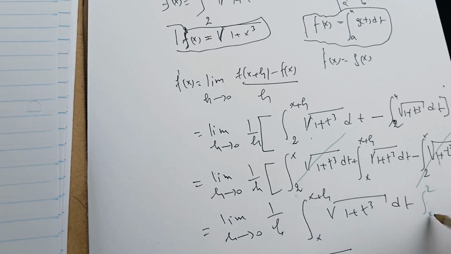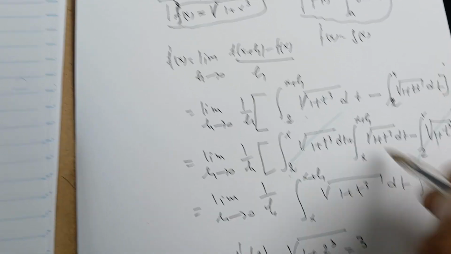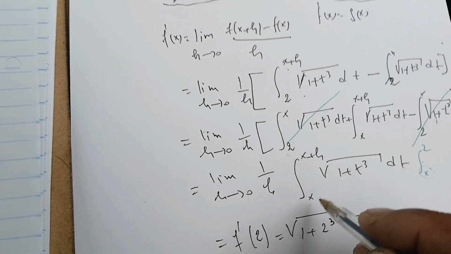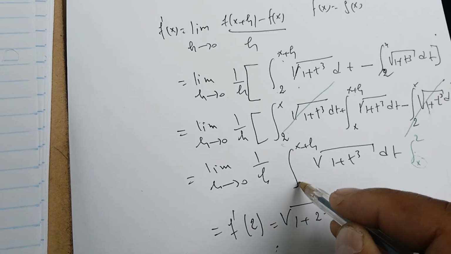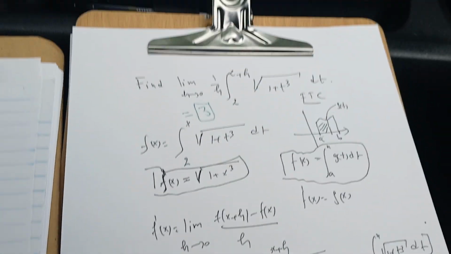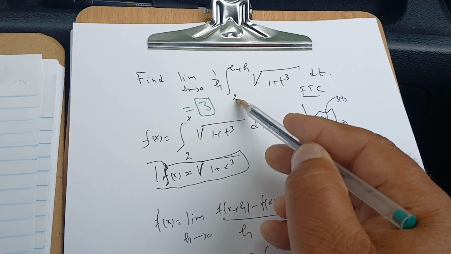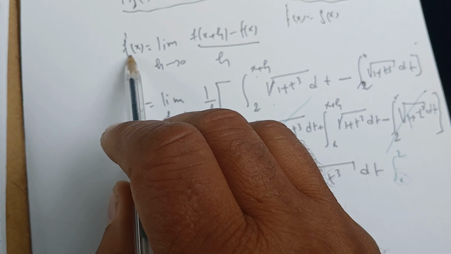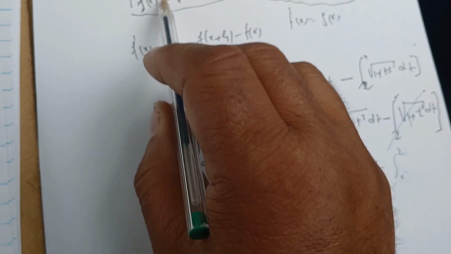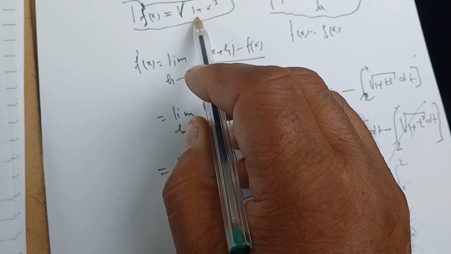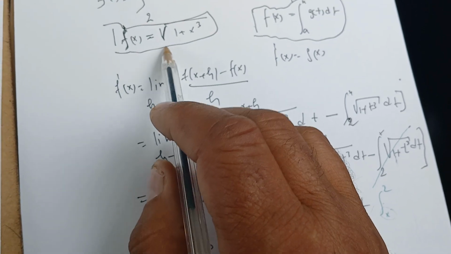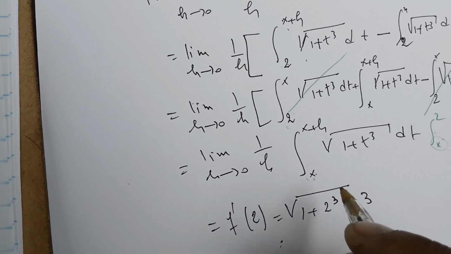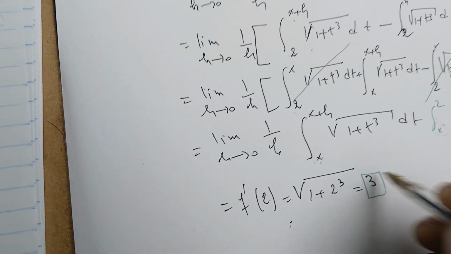Then we have an integral that goes from x to x plus h, but both of them work. When I come down here, I see what value they're asking me for. Here it's 2, so my x is 2, and I plug it into the derivative, because I know the derivative by the fundamental theorem of calculus. Anyways, this shows that the limit we are looking for is equal to 3. Thank you.